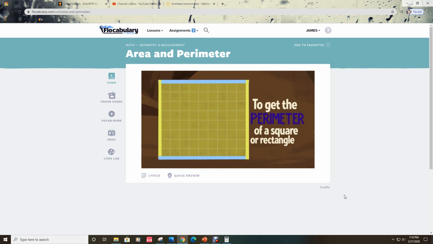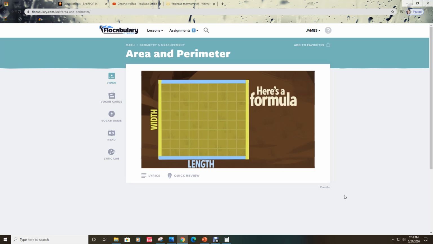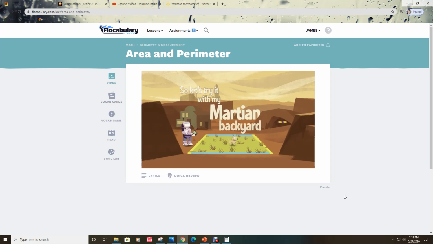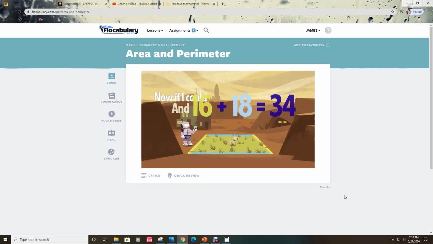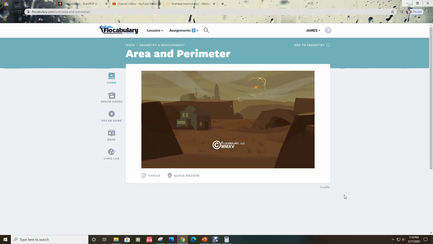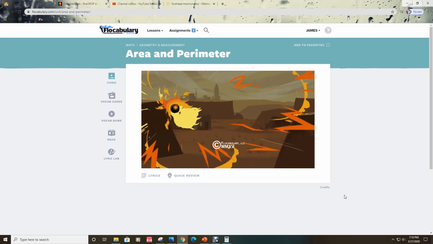To get the perimeter of a square or rectangle, you add 2 widths plus 2 lengths. Here's a formula, don't forget to say thanks. 2 times length plus 2 times width to get a square or rectangle's perimeter quick. So let's try it with my Martian backyard. Come on, get ready, y'all, it's not that hard. 2 times the length of 9 is 18, and 2 times the width of 8 is 16, and 16 plus 18 is 34. Now if I could stop Marvin from making a dirty floor. Come on, Marvin. Seriously.